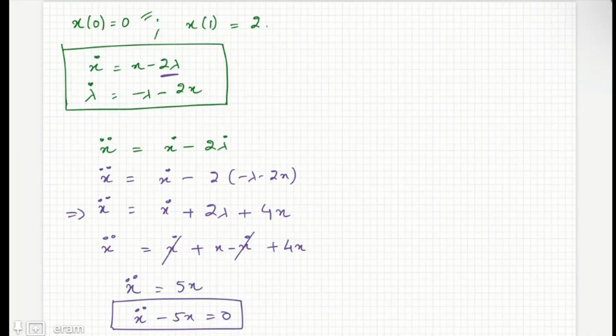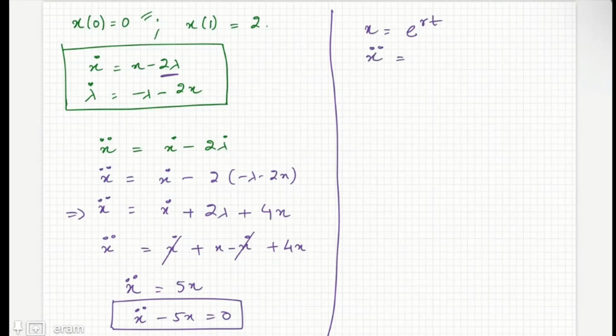And we can easily derive the solution for this second order system by converting it to an exponential e to the power rt, so x double dot is nothing but r square e to the power rt.